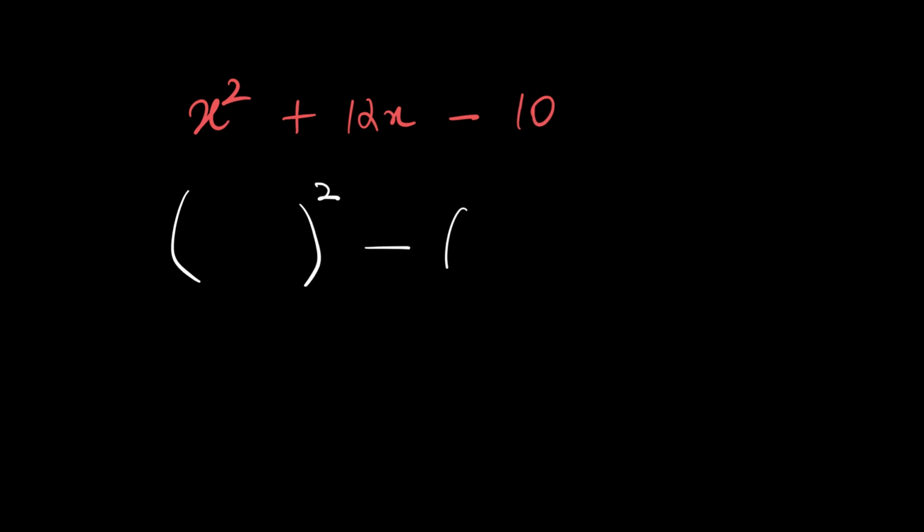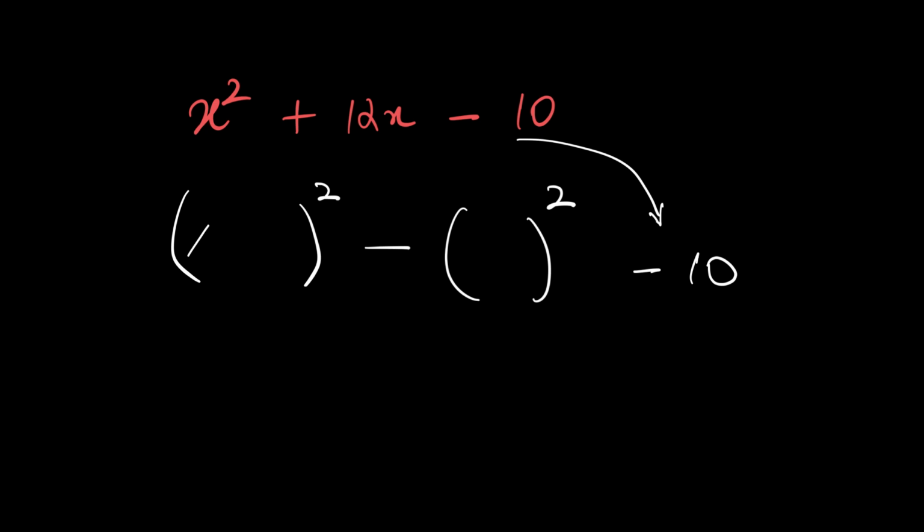Let's see one more example if you haven't understood yet. Look, x squared plus 12x minus 10, let's just say. I said open up a big bracket, square it, minus small bracket, square it, and copy down the constant as it is, minus 10. What comes in the big bracket?